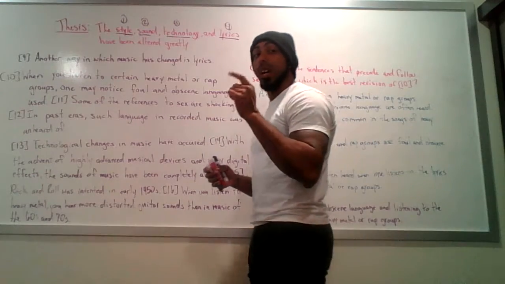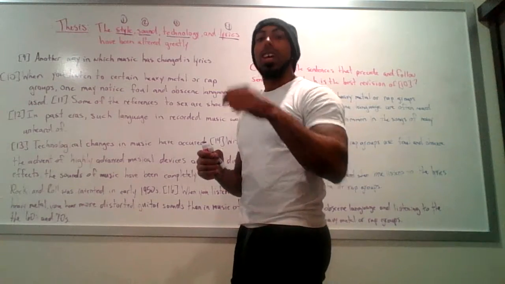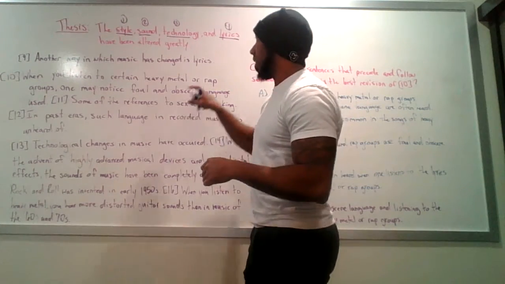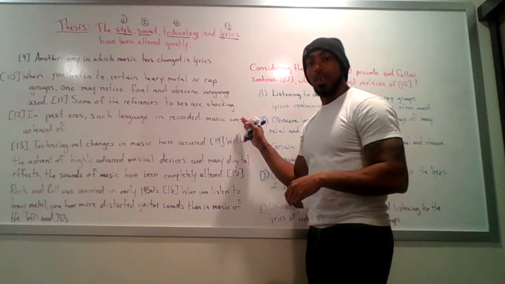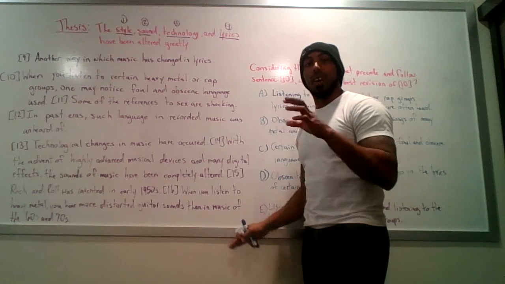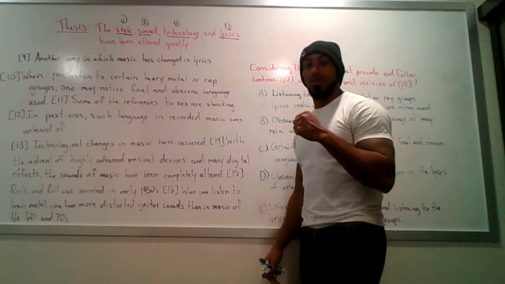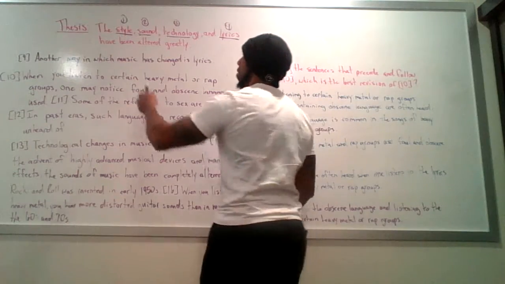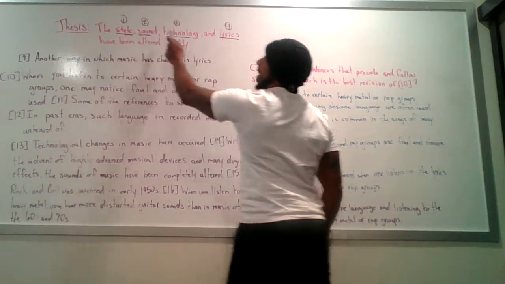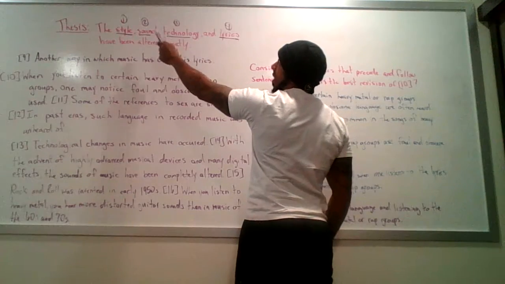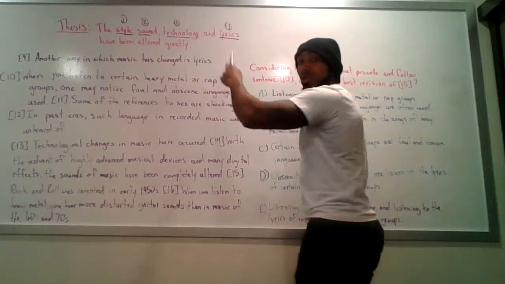So I'm going to read the thesis first, and then the second and third body paragraphs of the essay I took from the study guide. The thesis says the style, sound, technology, and lyrics have been altered greatly.